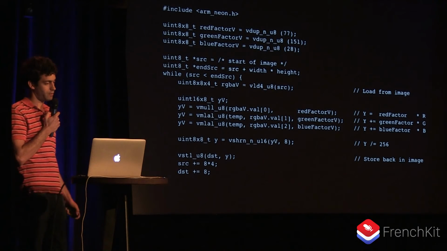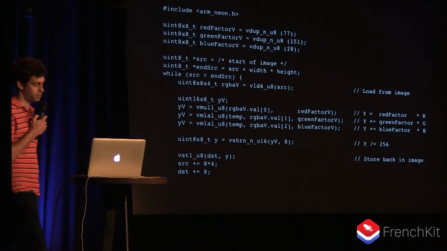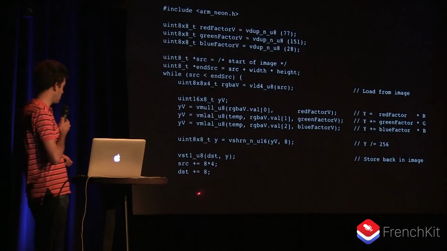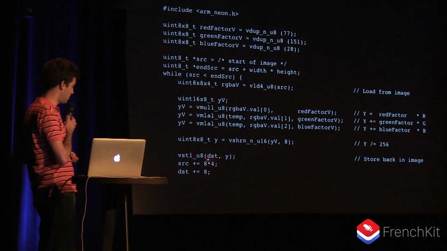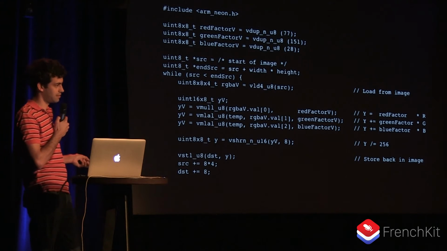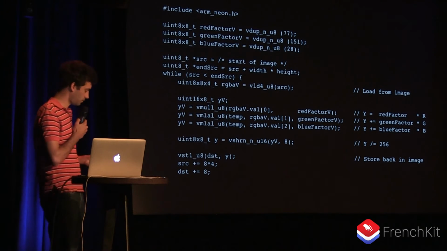They are available in headers in the iOS framework. And these intrinsics allow us to work on 8 pixels at a time. That's why, at the end, you notice that instead of increasing by one pixel at a time, we skip 8 pixels at a time because we have treated 8 pixels in 1 iteration of the loop.